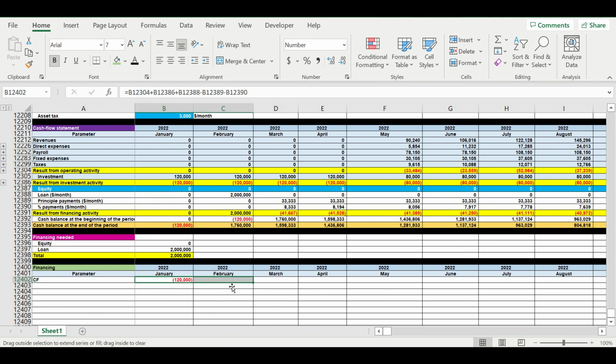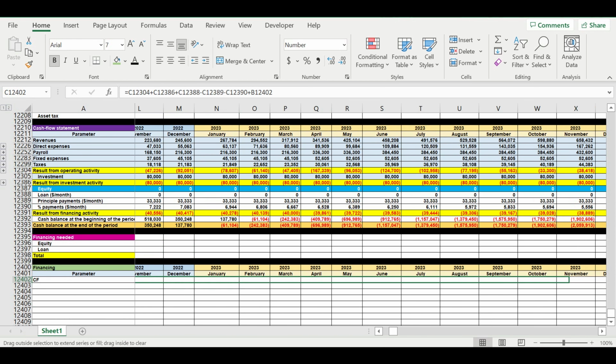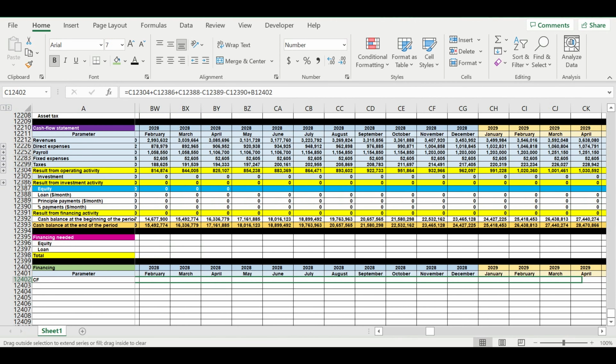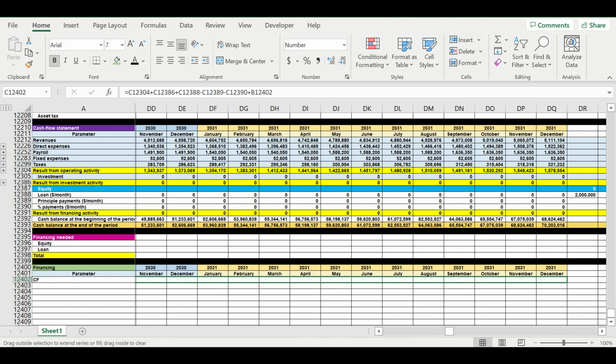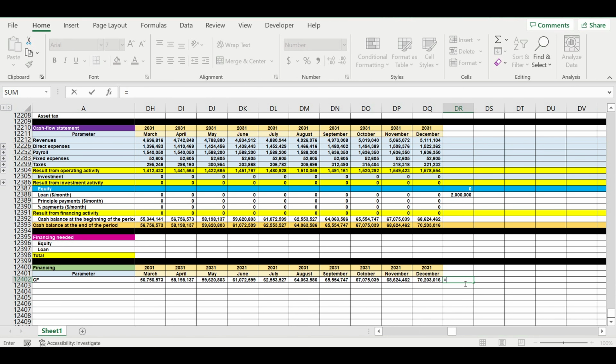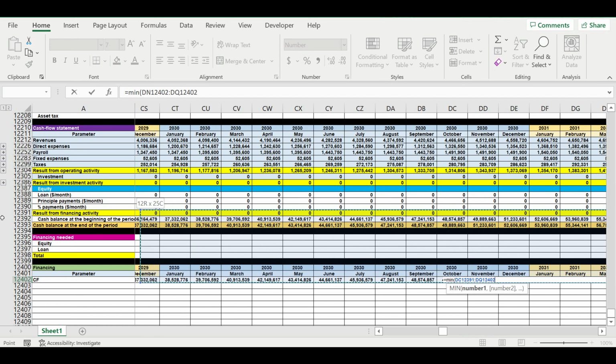Then we extrapolate to the right. Then we create the cumulative story of this formula. Extrapolate this to the right. Then I will find the minimum value inside this line.